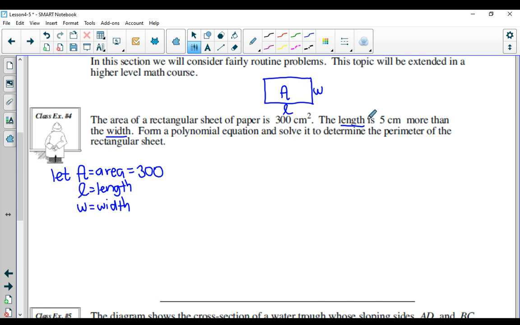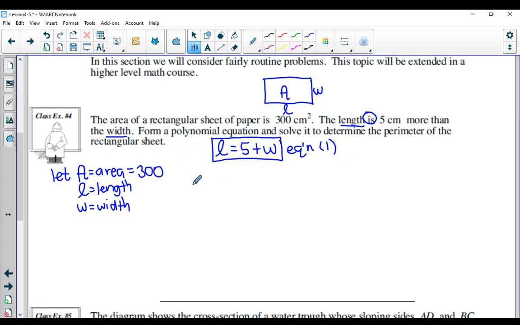So it tells me the length is 5 centimeters more than the width. So this would be your length is, I'm going to replace it with an equal sign, 5 centimeters more than the width. So it would be 5 plus W. Just for now, I'm going to box this equation. I'm going to call it equation number 1. We're going to make use of it in a moment. So I'll say EQ N 1 for equation 1.